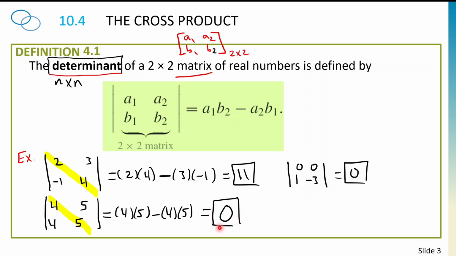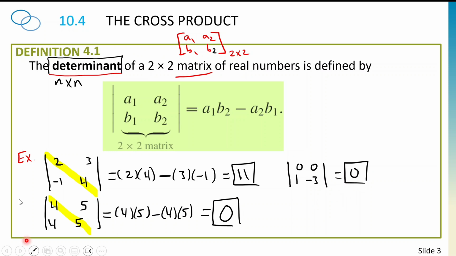This is a fact about matrices: for any matrix with a repeated row or column, the determinant equals 0. Another case where the determinant equals 0 is if I have a full row or column of zeros.